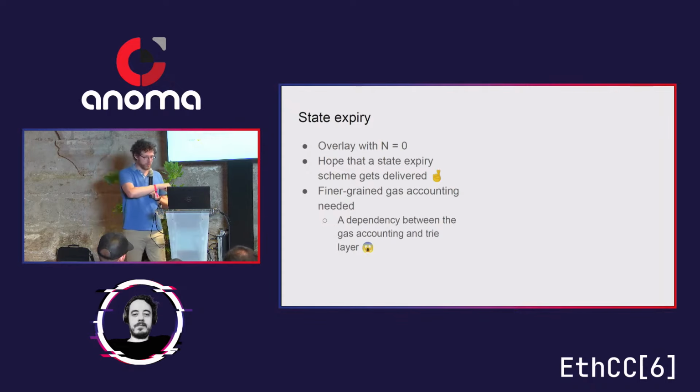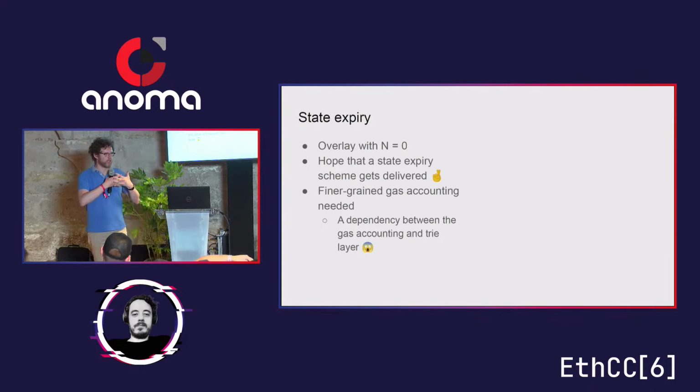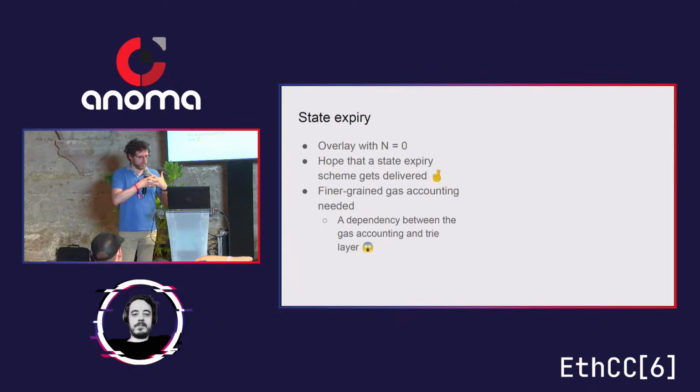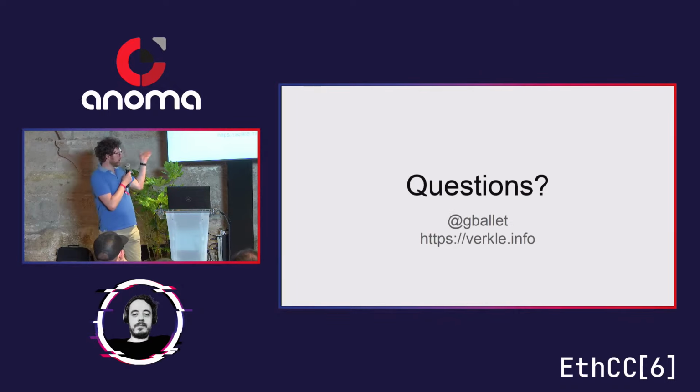If you hit the MPT on top of that, you need to pay more. But that means the gas accounting layer and the tree layer need to be integrated more tightly, and that is going to be an implementation nightmare. So that would basically be the doom of this method, I think. And with this, I will invite you to visit verkle.info. And I think we do have some time for questions.